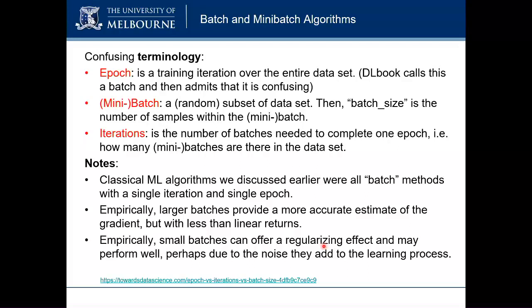The data sets are pretty big, with thousands of samples. With 32, you take only 32 random samples out of the data set and use that in the gradient estimation. That's a pretty noisy gradient. So that has a regularizing effect, as we discussed from a regularization point of view.